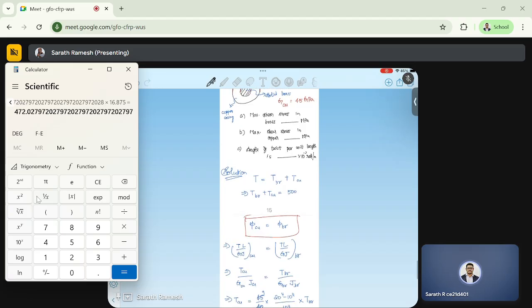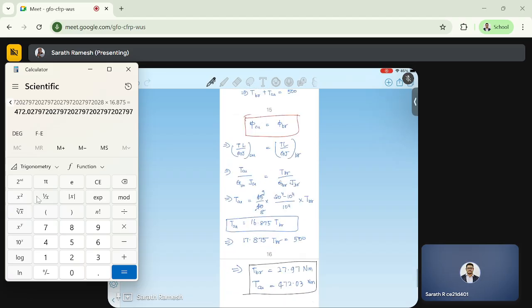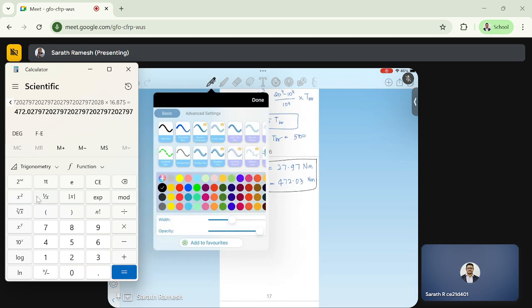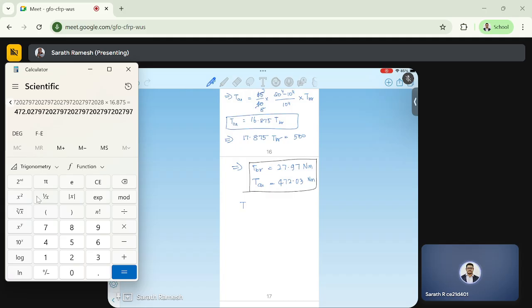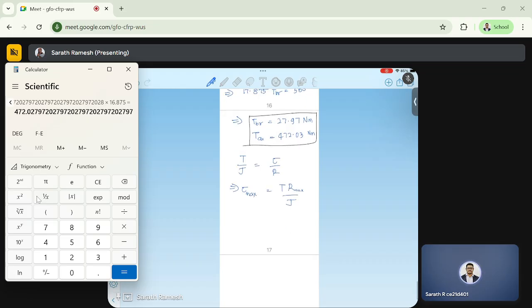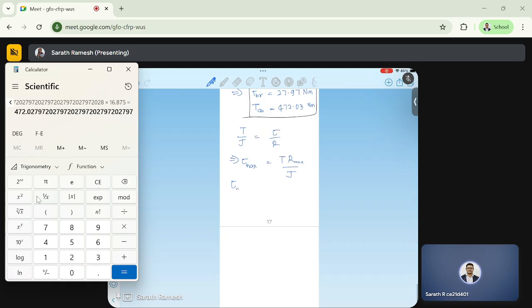Question is maximum shear stress, right? So shear stress will be T by J equal to tau by R. So tau max will be T R max by J. So in brass, tau max will be T brass.